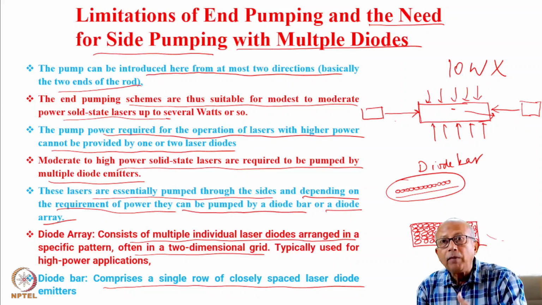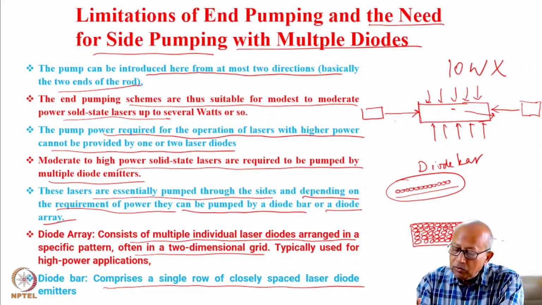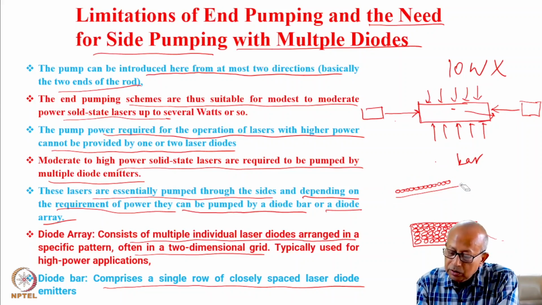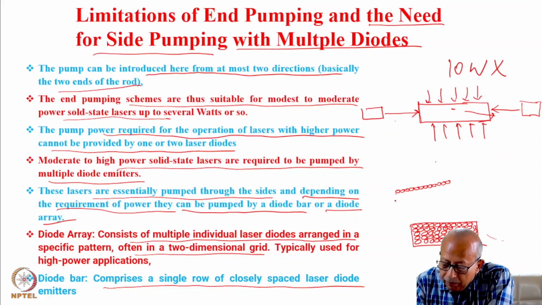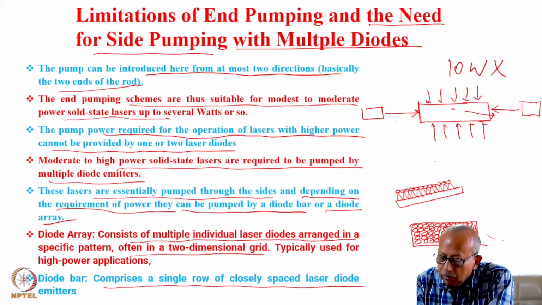You have to, of course, pump them from the side. For example, if you use this diode bar to pump your solid state medium, this is your rod, and each of these diodes will emit its light, and this is the beam of light which you would couple into the lasing medium.